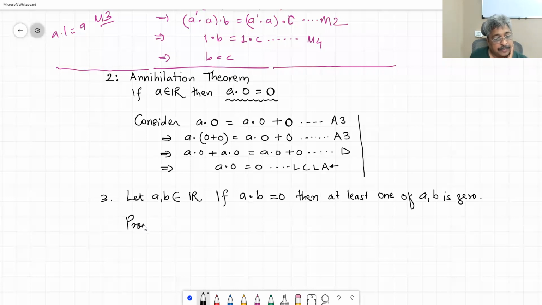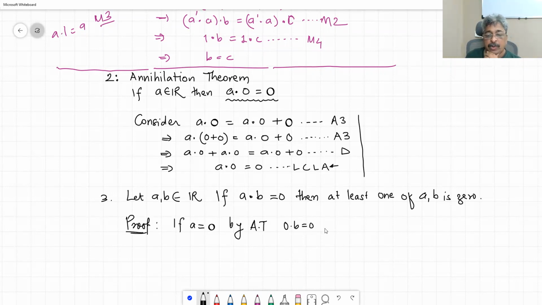Proof. If a is equal to 0, by the annihilation theorem, 0 into b is equal to 0. Hence, if a is equal to 0, the theorem is proved.